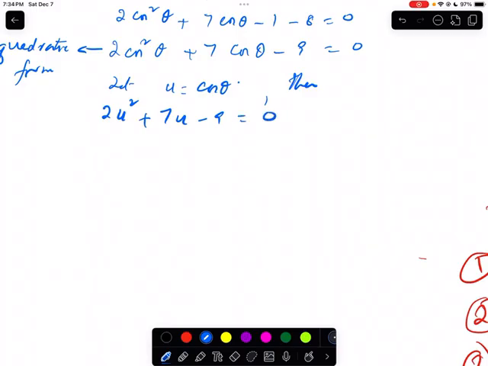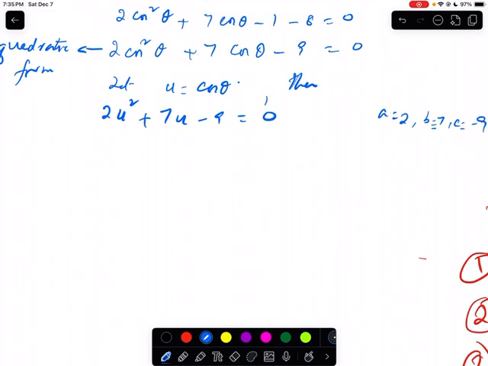Now we need to factor this. So how do we factor this? Again, your a is 2, b is 7, and c is negative 9.